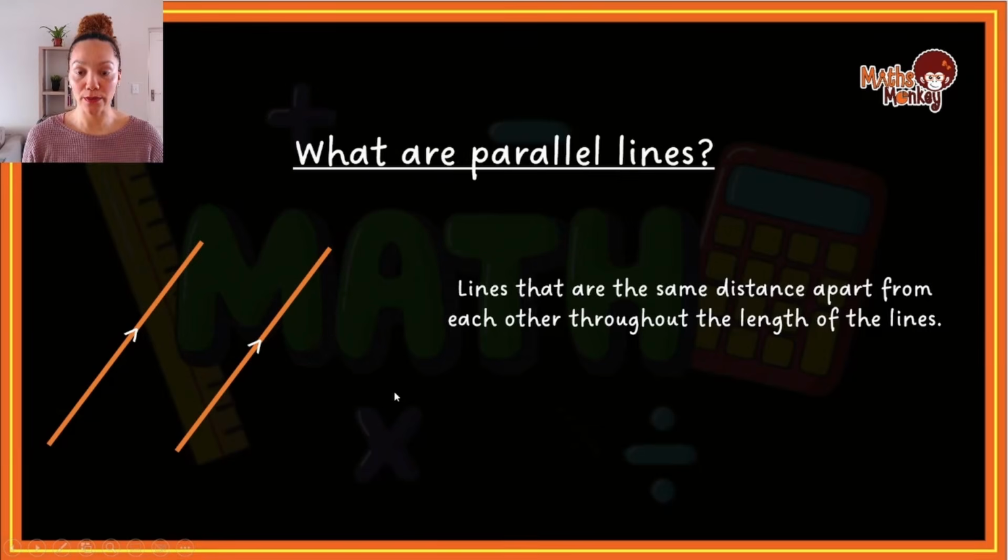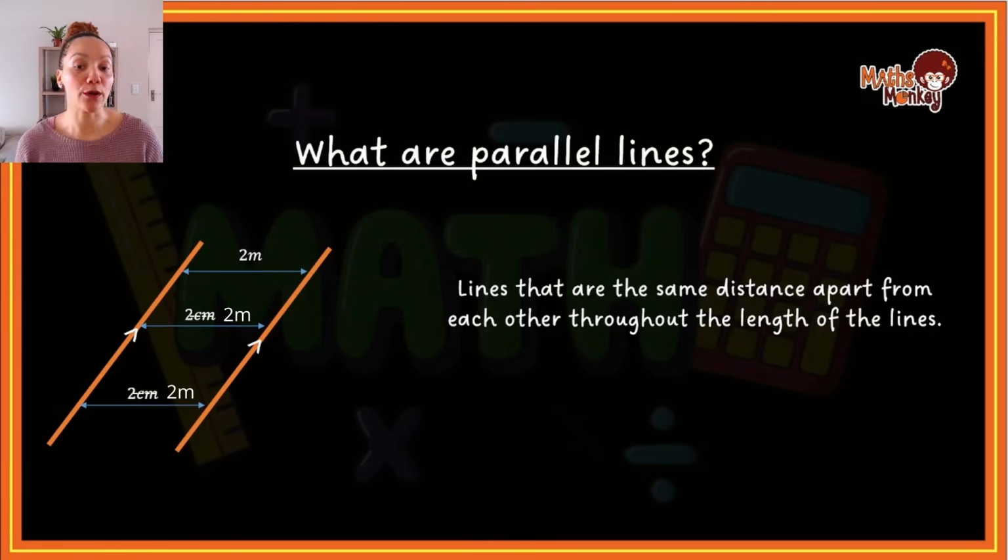Okay, so in other words, if I measure the distance between this, which is 2 meters, it has to be the distance between those lines throughout the lengths of the lines. That is what it means when we say that lines are parallel.